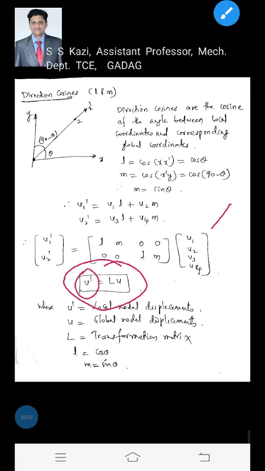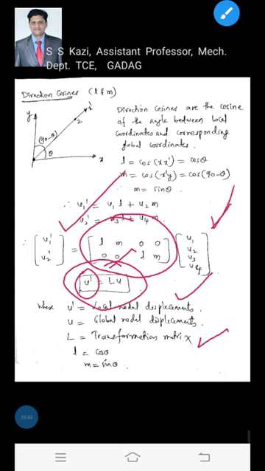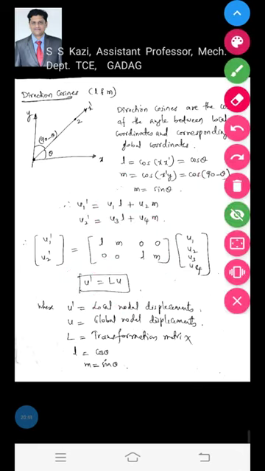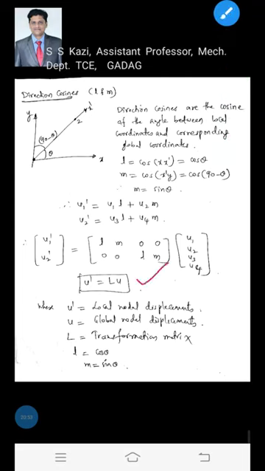What is u dash? u dash is the local nodal displacements. L is nothing but the transformation matrix, which is used to transform the global displacements to the local displacements by using the direction cosines L and M. U is the global nodal displacements.